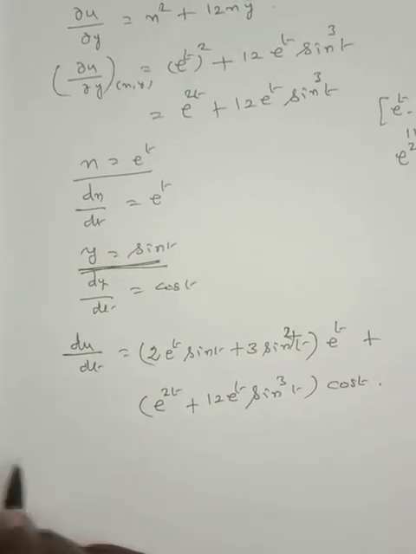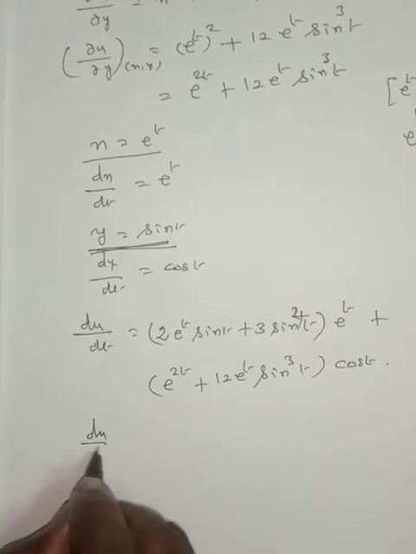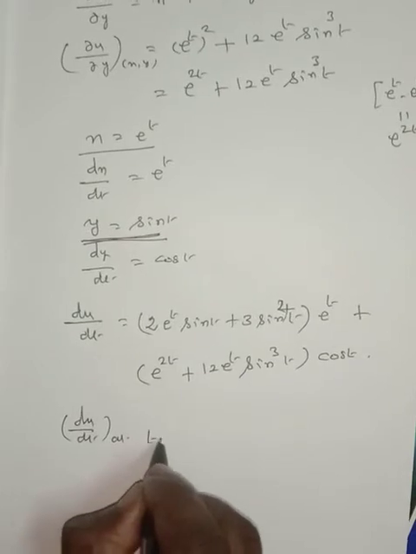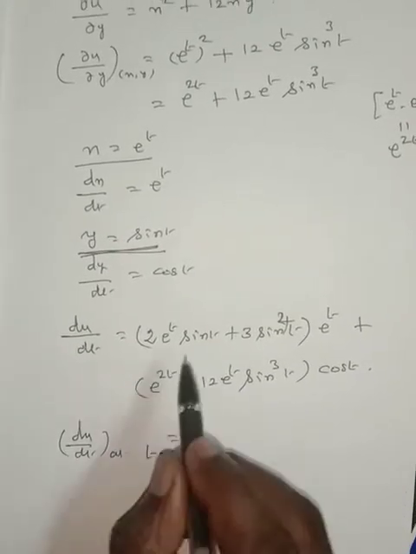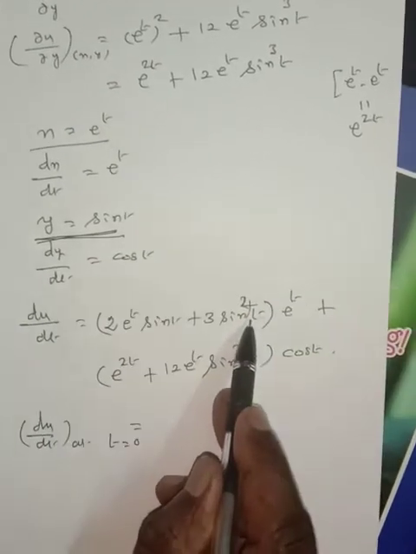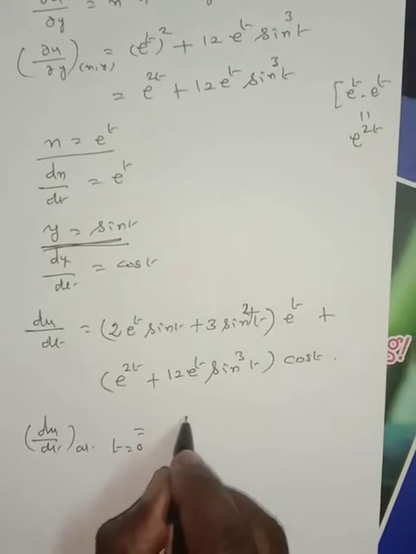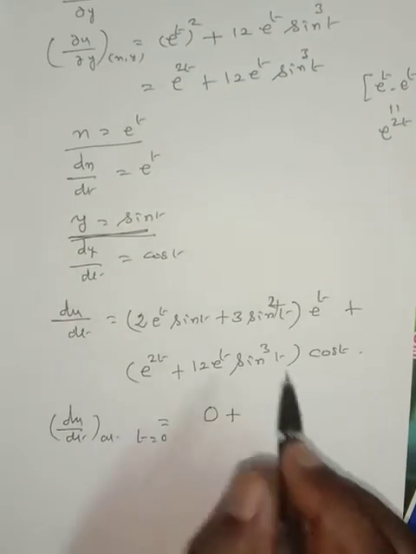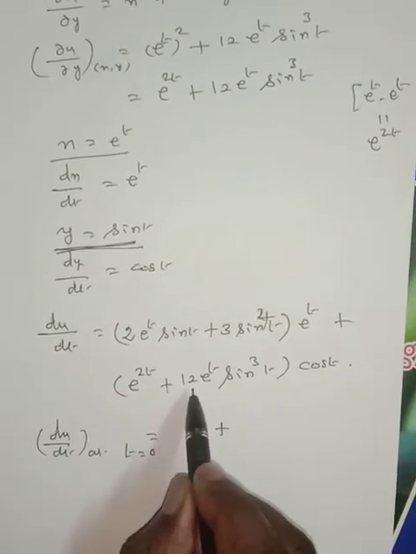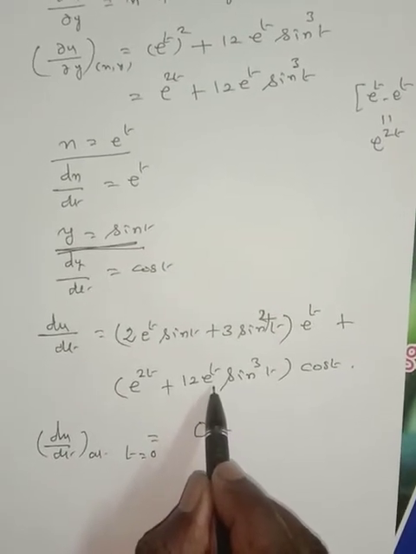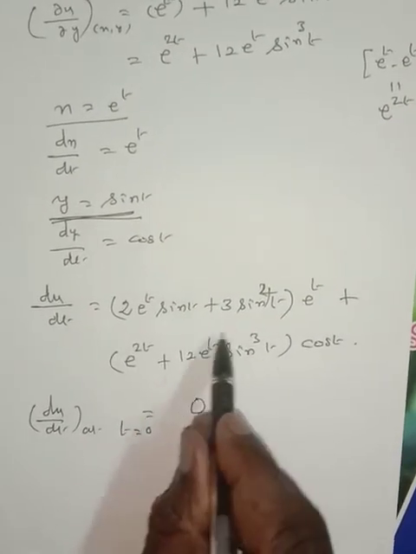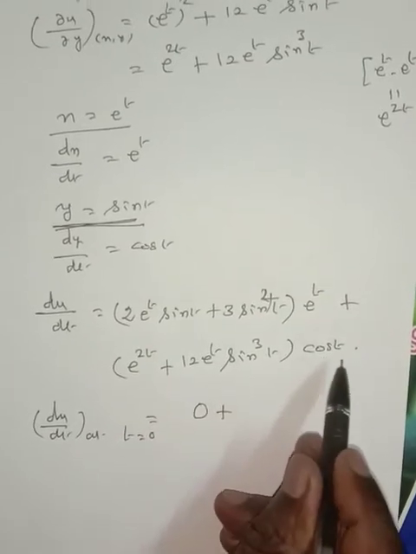Du by dt at t is equal to 0. E to the power of 0 is 1. Sin 0 is 0. So the first part is totally 0. Plus e to the power of 2t: e to the power of 0 is 1. 12 into 1 is 12, sin 0 is 0, so this term will be 0 into cos t.